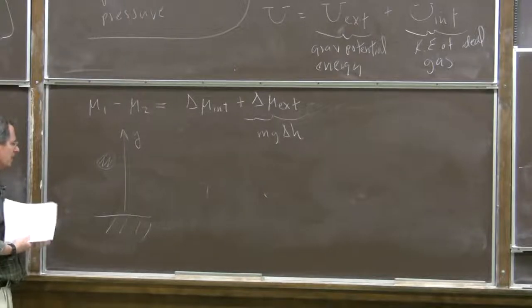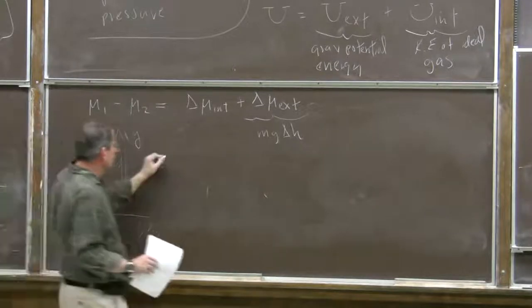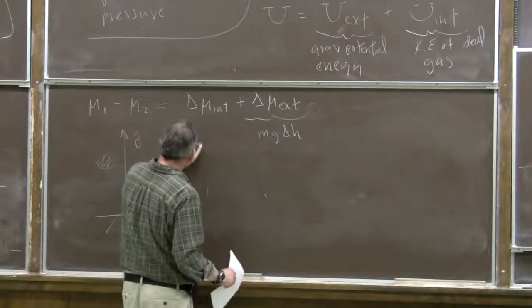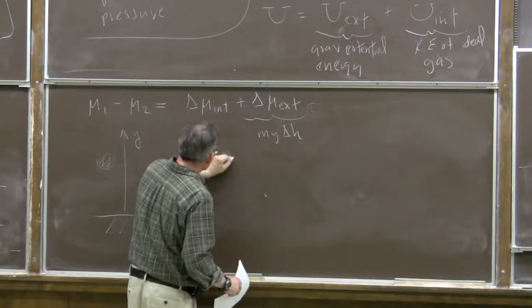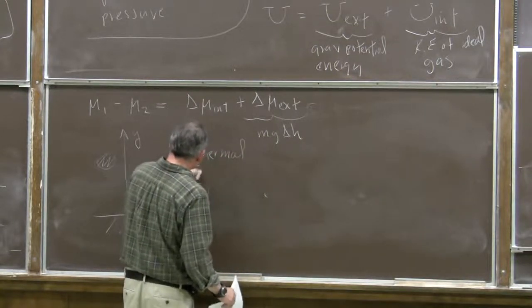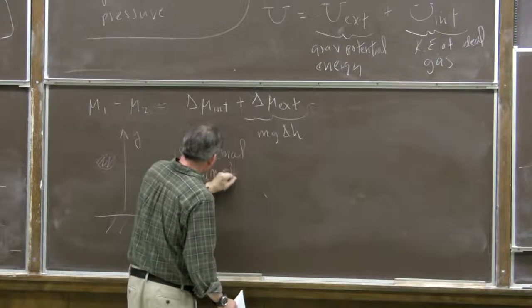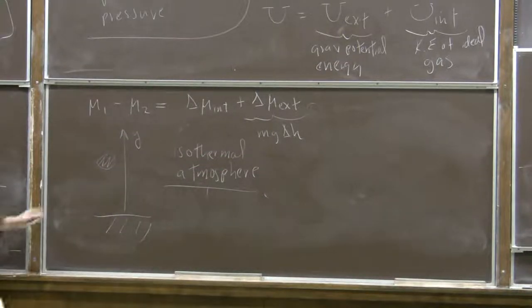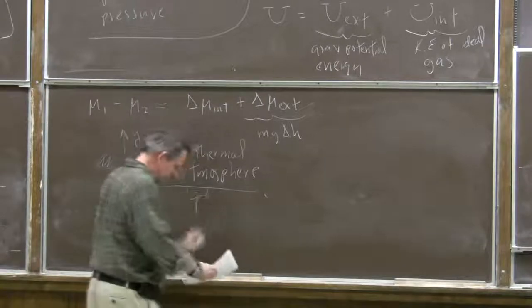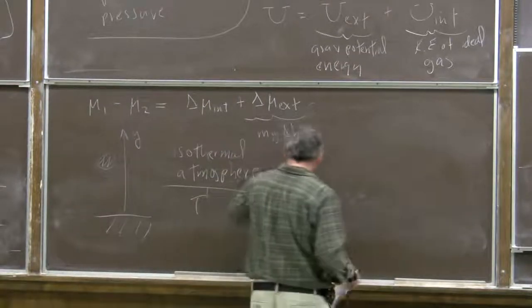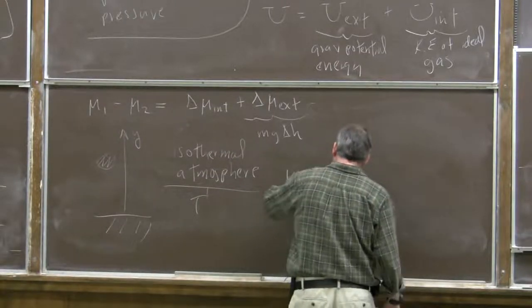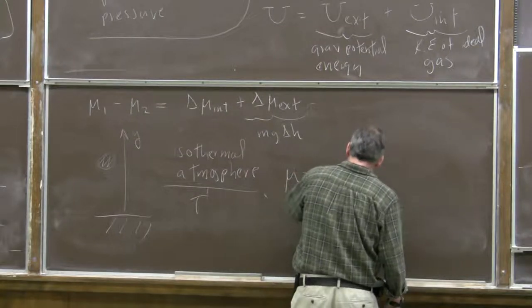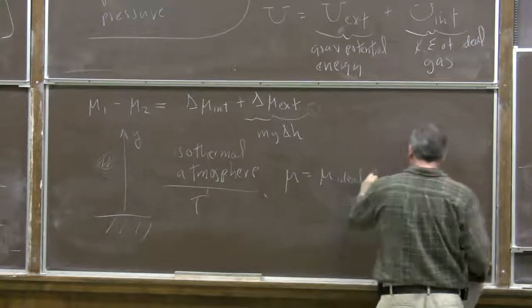In my model, to keep things simple, I'll suppose that the temperature is independent of height. So it's a temperature tau. The chemical potential is the chemical potential of the ideal gas plus mgy.